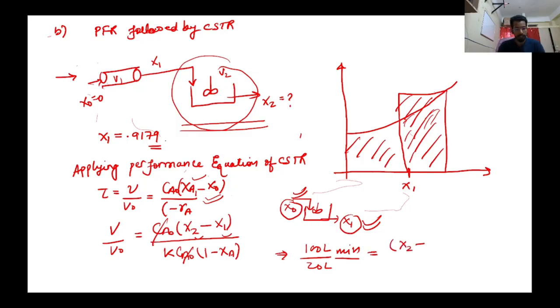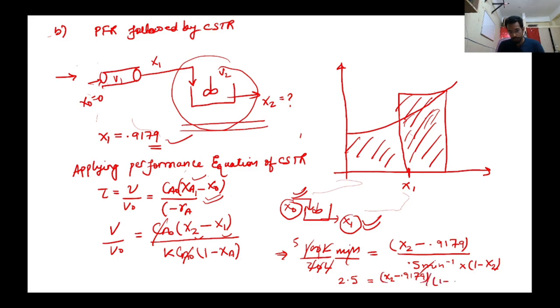X1 we have calculated as the output conversion of the PFR, 0.9179, upon 0.5 minute inverse into 1 minus X2. 5 into 0.5 is 2.5 and minute will cancel out. 2.5 is equal to X2 minus 0.9179 upon 1 minus X2.